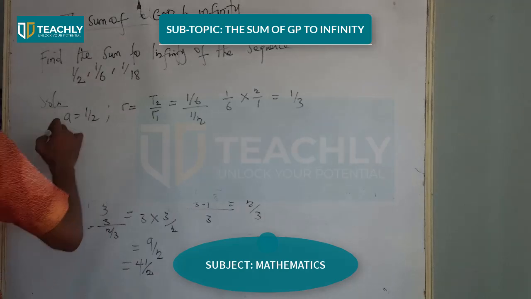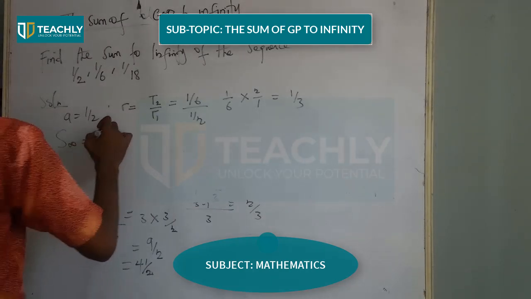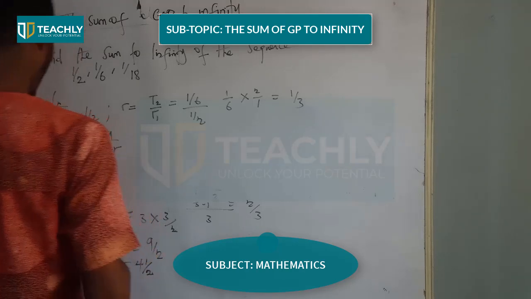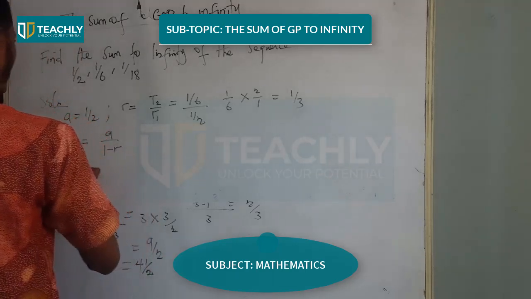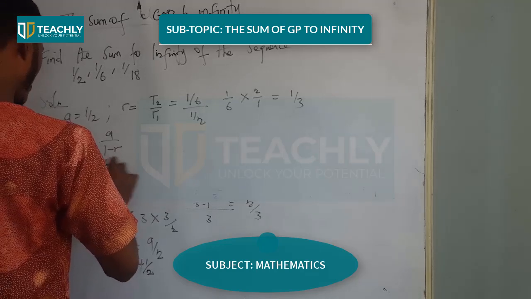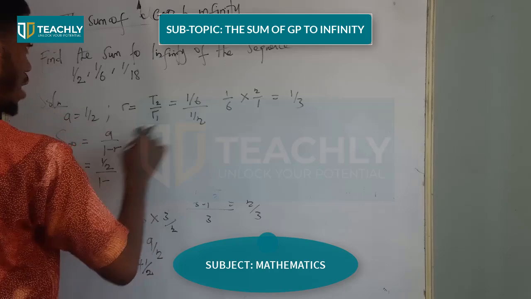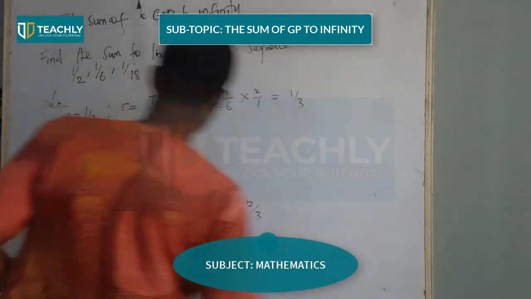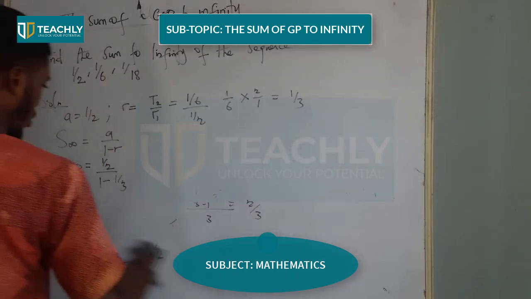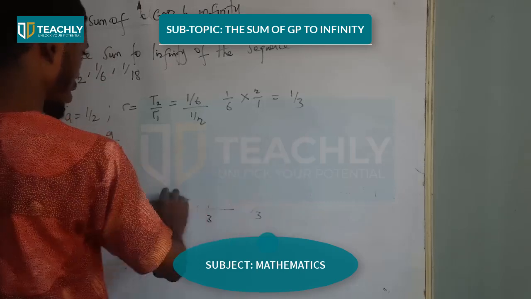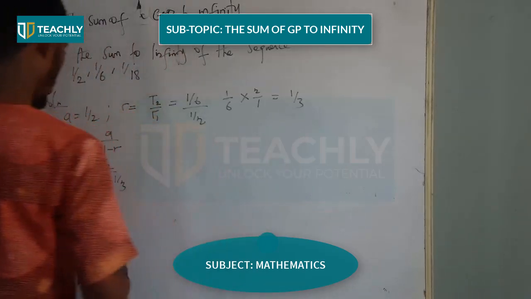Okay, so our sum to infinity is what? a over 1 minus r. Right? So we have sum to infinity to be 1 over 2 over 1 minus, what is our r here? Our r is 1 over 3. Like we did in the previous one, 1 minus 1 over 3 is going to give us 2 over 3.